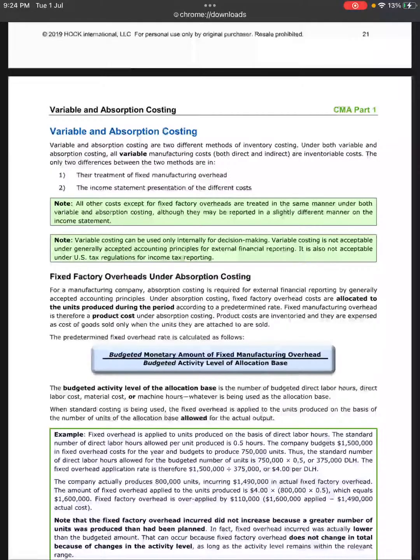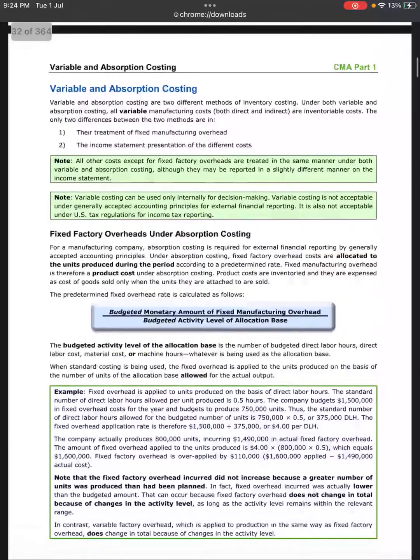Variable costing is not acceptable under generally accepted accounting principles for external financial reporting. It is also not acceptable under US tax regulation for income tax reporting. It means the variable costing method is for internal use only, and not used for external financial reporting.